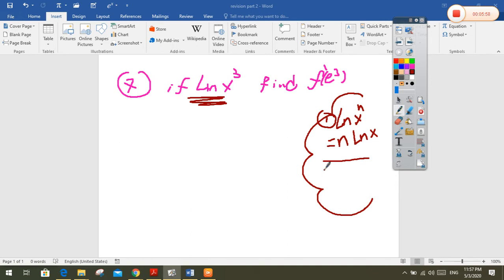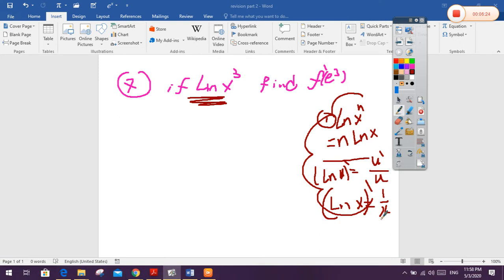Clear? Ln of a function u, its derivative will be the derivative of u, the inner, over u. The derivative of ln x equals 1 over x.